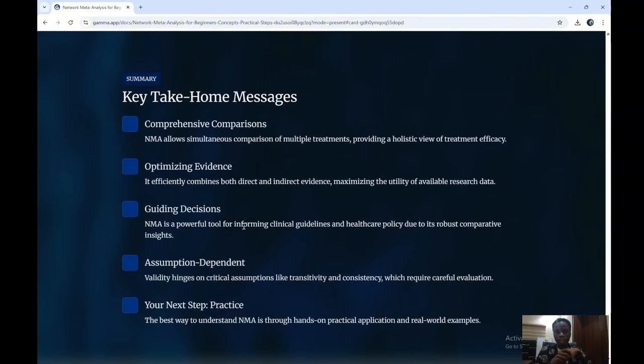Now, what are some of the key take-home messages that I want to leave you with right now? I just want you to understand that network meta-analysis is about simultaneous comparison of multiple treatments, just like I explained. We are trying to compare more than two interventions at the same time, directly or indirectly, to provide a holistic view of treatment efficacy. It's something that optimizes evidence.